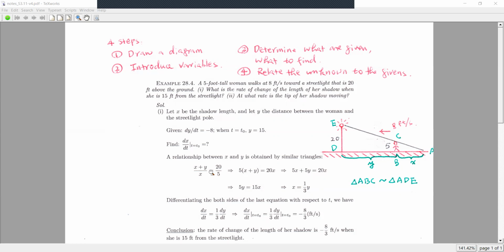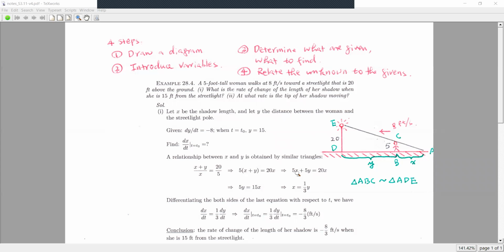Now simplify the equation. Move x to the right side, 5 to the left side. Then I have this equation. Continue to simplify the equation. Distribute 5 to x and to y. Then I have this equation.